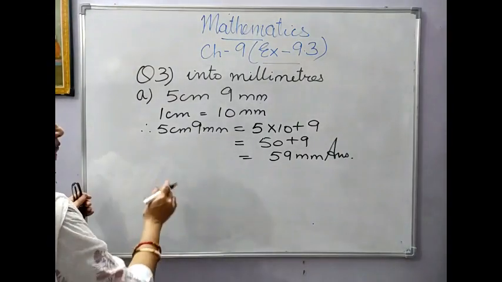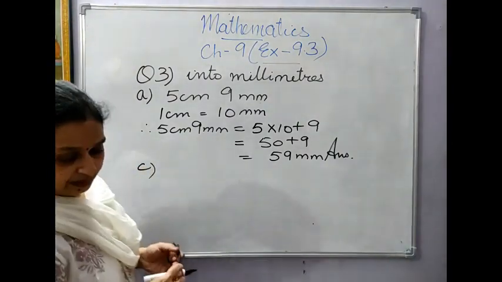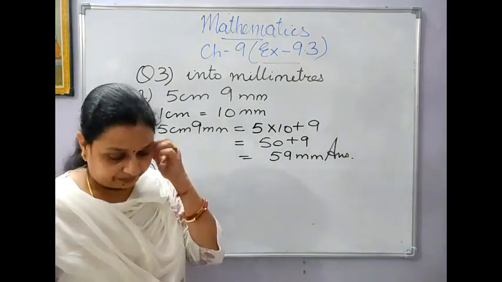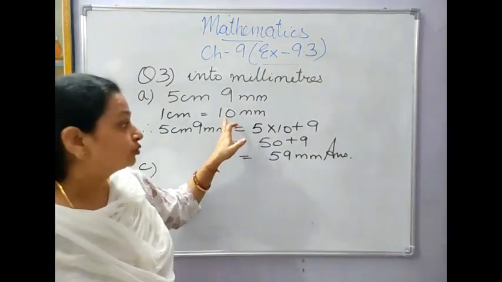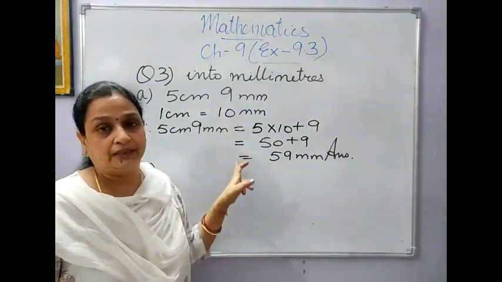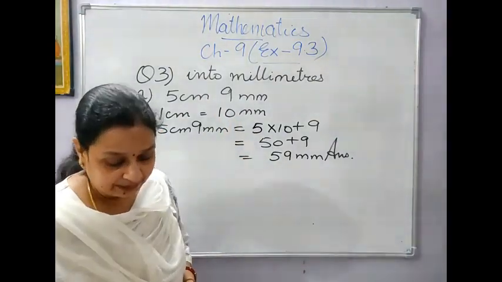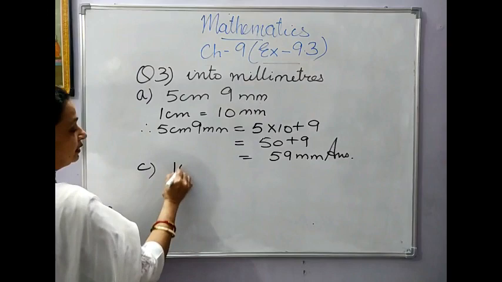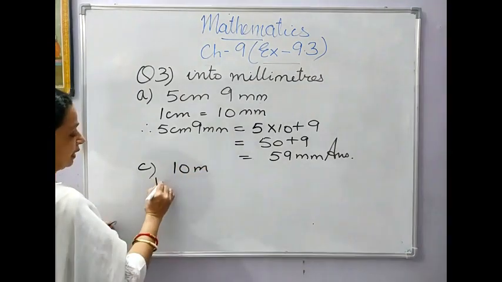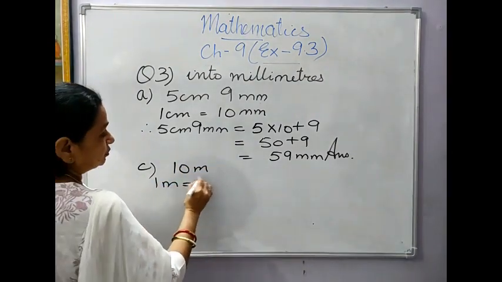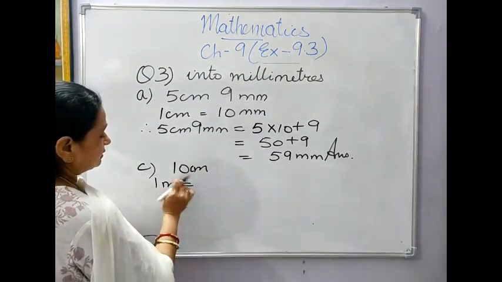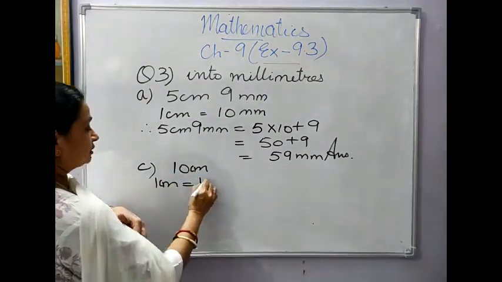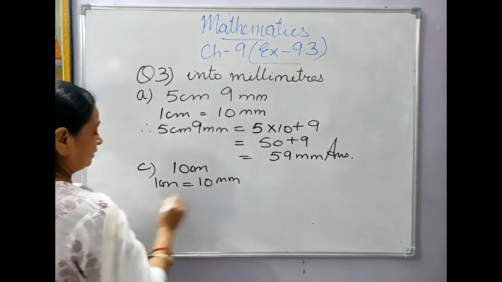Okay, then sum number C. Similarly, sum number D is also like this. So you will do that sum according like this only. Then sum number D, C I will be showing 10 meters. 1 meter is equals, sorry, it is meters, centimeters. 1 centimeter is equals to 10 millimeter.